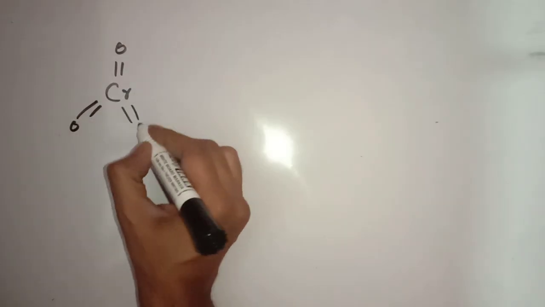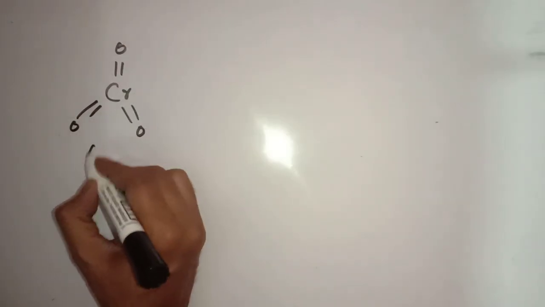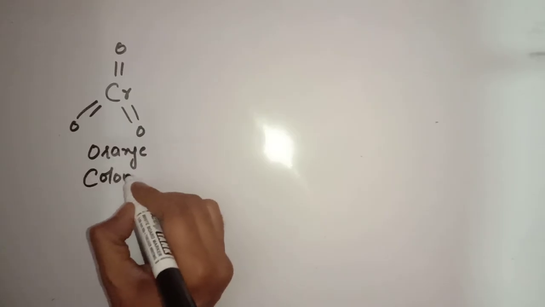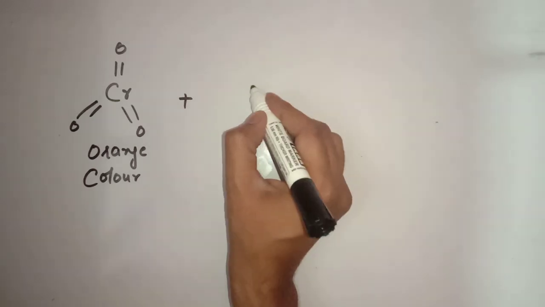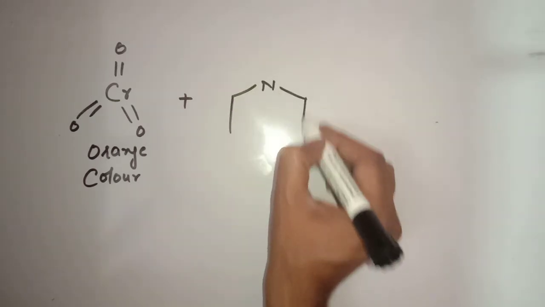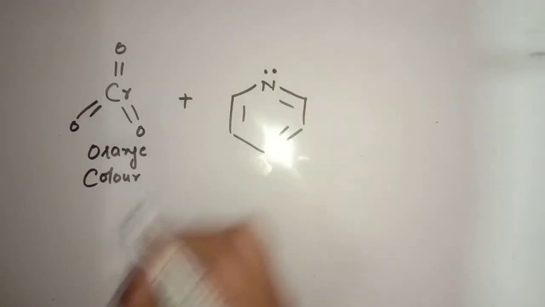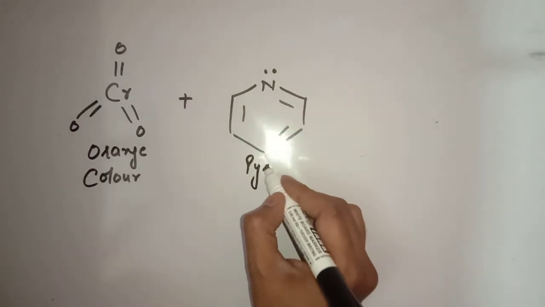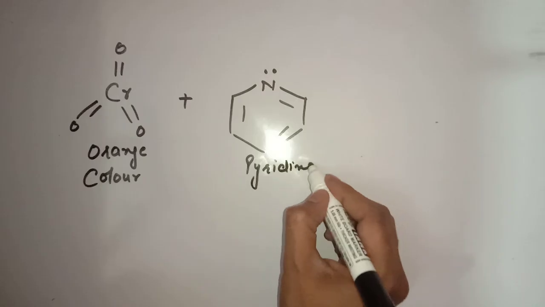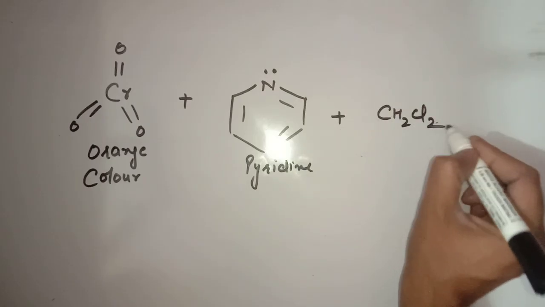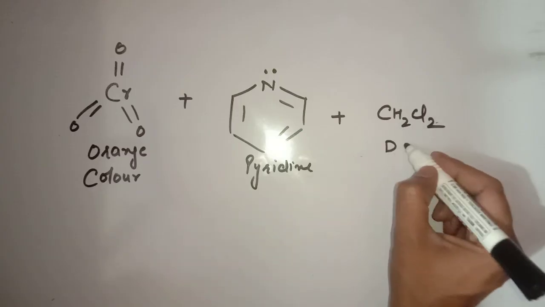This is chromium trioxide, an orange color compound. In this we are going to add colorless liquid pyridine with a colorless solvent, dichloromethane, DCM.